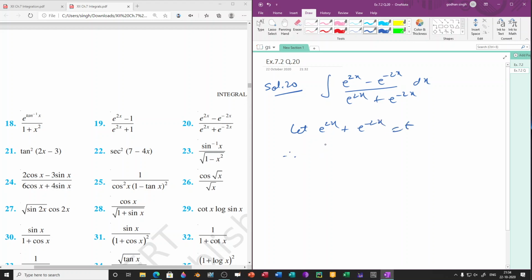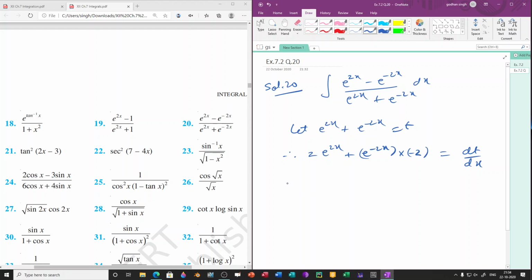Therefore, differentiation of e^(2x) will be 2 into e^(2x), and this will become plus the differentiation of e^(-2x), which is e^(-2x) into minus 2, because this is a composite function, equal to dt by dx.